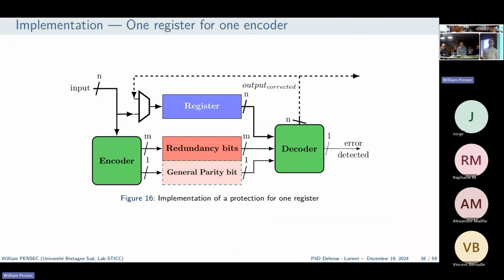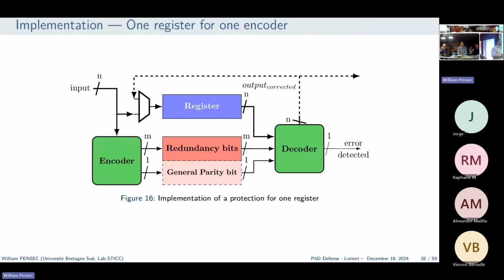That's one thing, and you already answered Vincent. But what I didn't understand well is that you mentioned that if a fault is injected inside the register, the output, in fact, is not changed. Meaning that the output of the register passes through the decoder, if I'm correct. Maybe you can elaborate on that.